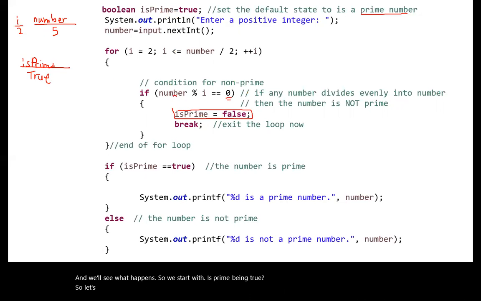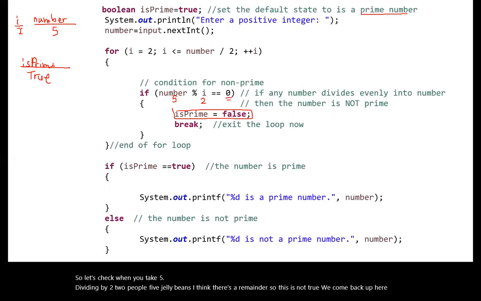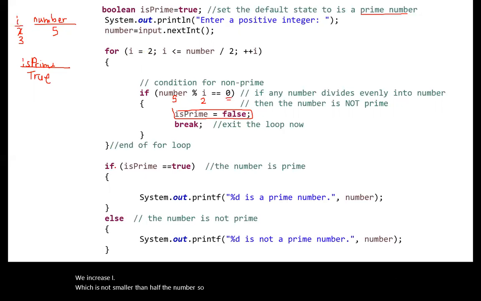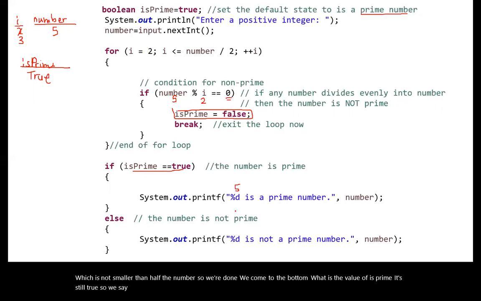When you take 5 divided by 2, 2 people, 5 jelly beans, I think there's a remainder. So this is not true. We come back up here. We increase i, which is not smaller than half the number. So we're done. We come to the bottom. What is the value of isPrime? It's still true. So we say, oh yeah, 5 is a prime number.